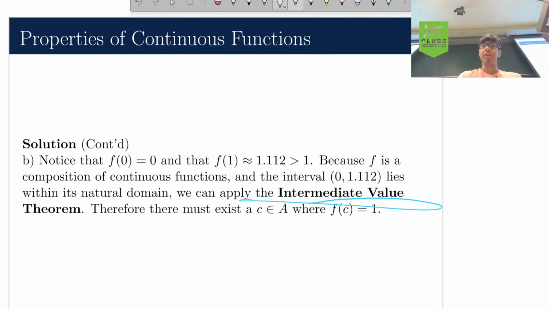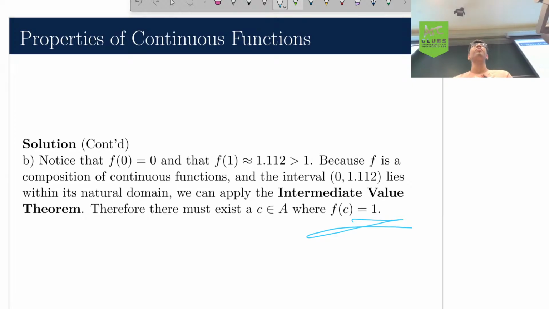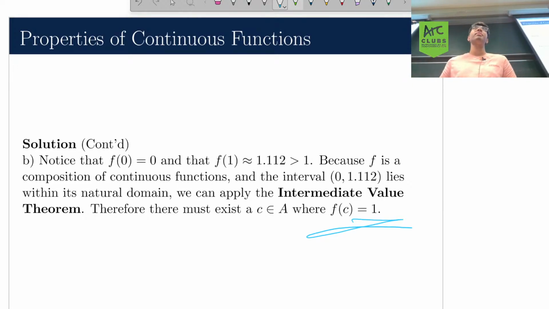But because of the intermediate value theorem, I know that between 0 and 1, which is 0 to 1.112, there must be some c somewhere between them such that the function value is equal to 1. Again, I don't need to find what it is, it doesn't matter to me. I just know by the intermediate value theorem, since the function is continuous within the domain, hence there must be. That makes sense? Perfect.